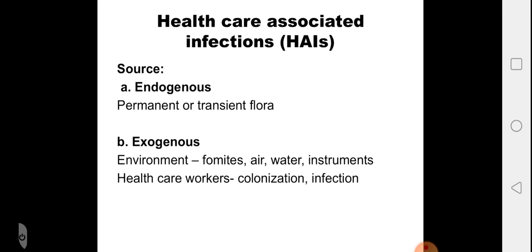The periurethral flora, mainly Escherichia coli, when introduced into the urinary bladder while introducing the Foley's catheter, acts as a pathogen in the bladder, causing urinary tract infection. Okay, so this is about the endogenous source.